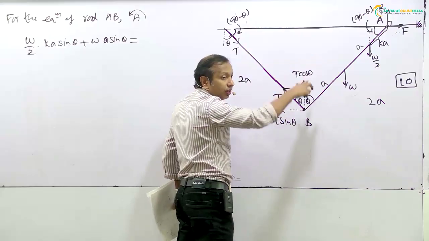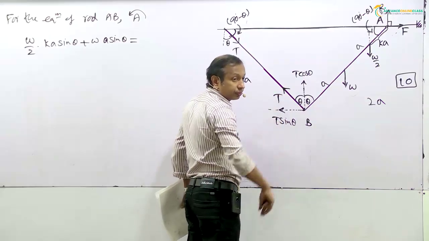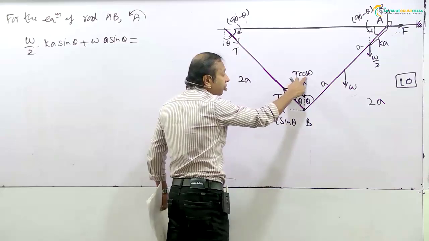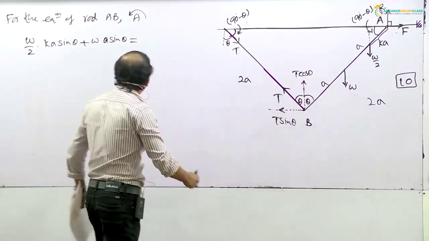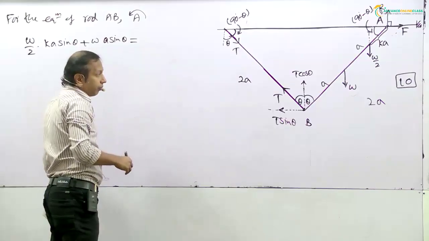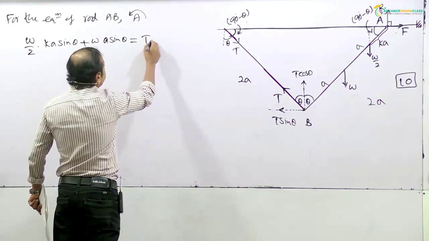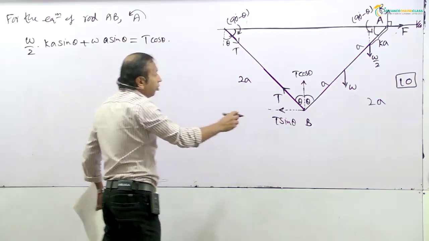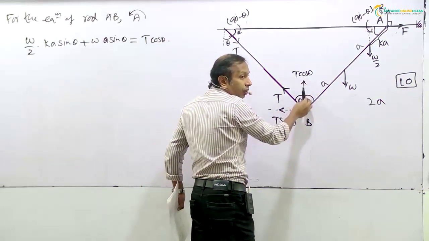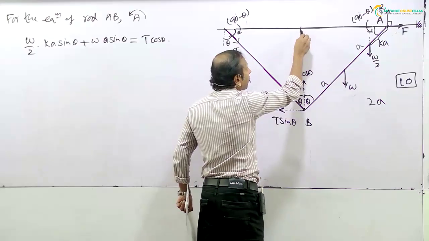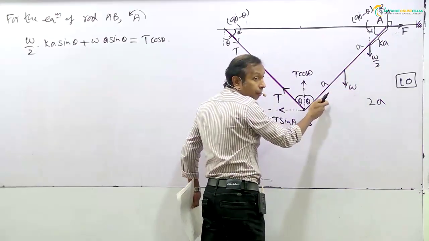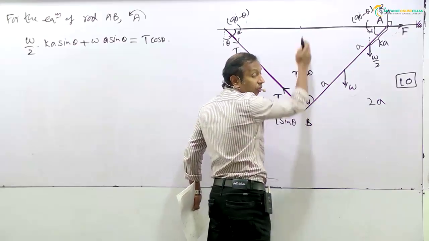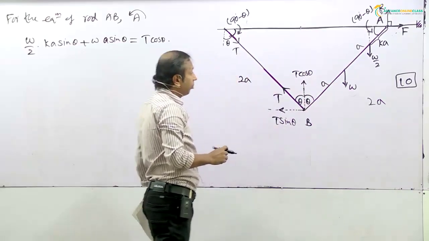Now I take the moment around A by the components. Both T cos theta and T sin theta around A give a clockwise moment, so we write them on the right hand side of the equal sign. T cos theta times, when you produce this way, this is 2a and this is theta, the opposite side is 2a sin theta.